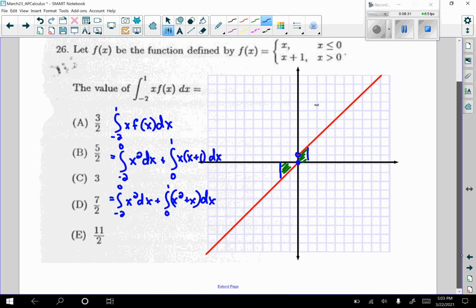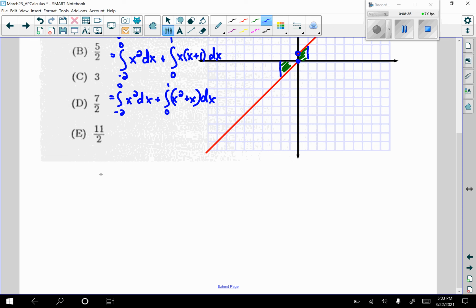And now we could just take the antiderivatives here. So I'm going to go down to where I have some more space. Now this becomes x cubed over 3 from x goes from -2 to 0, plus we'll have x cubed over 3 plus x squared over 2 from 0 to 1. Now we have to be careful here. The 0 is going to go first.